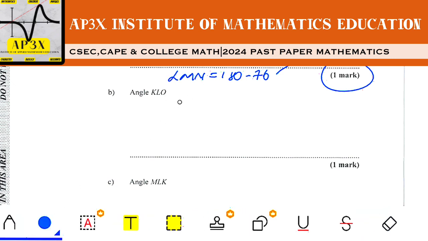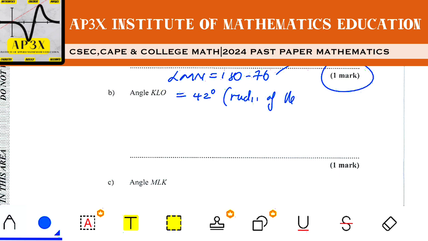And we already established that the reason why that is 42 degrees is simply because you could see that the triangle is isosceles, so these angles are equal, or you could just say that radii of the same circle are equal.